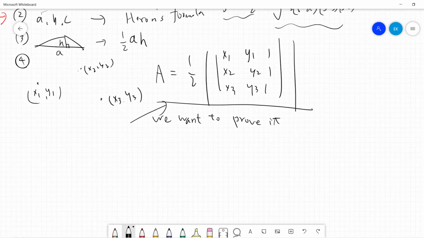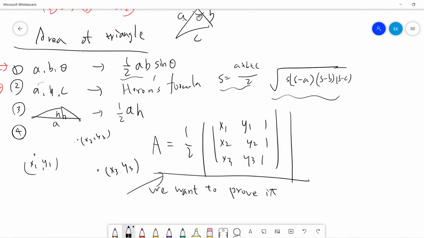What we will use is a generalization of this: the area is the same as half the magnitude of a cross b. It's easy to prove.